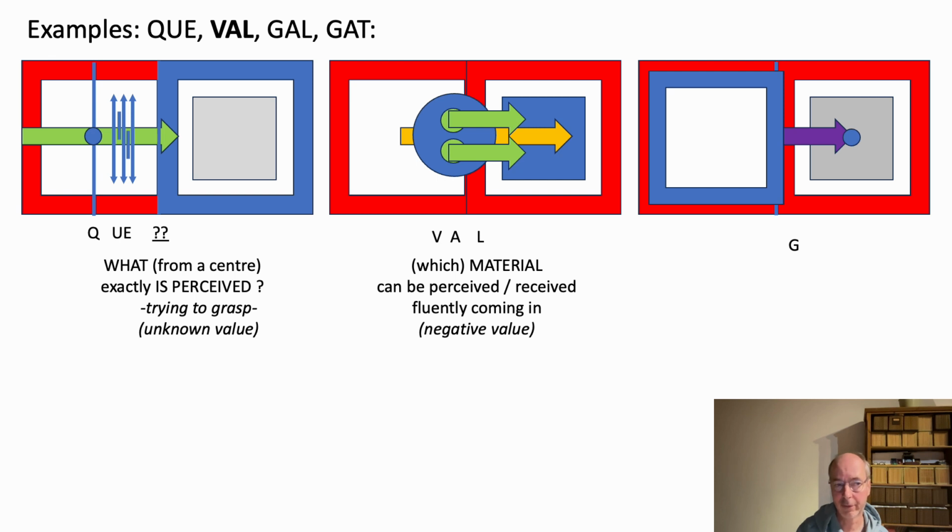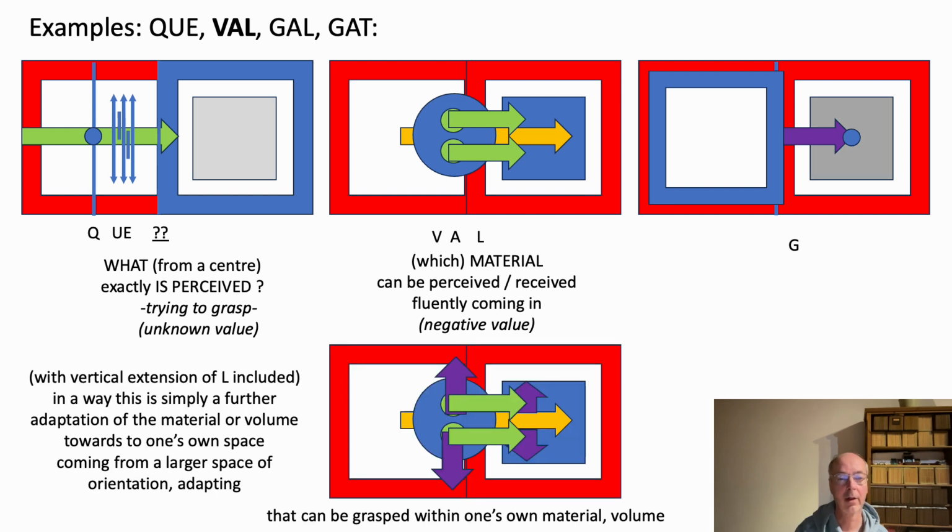In the first word, the K, there was the unknown value. This last series is also about the unknowns. So what is the unknown value? Try to grasp the unknown value. Also here the unknown can be a negative, as I can show you in the next slide. If I express it very well, the VAL with the L has to have a certain vertical extension as well.